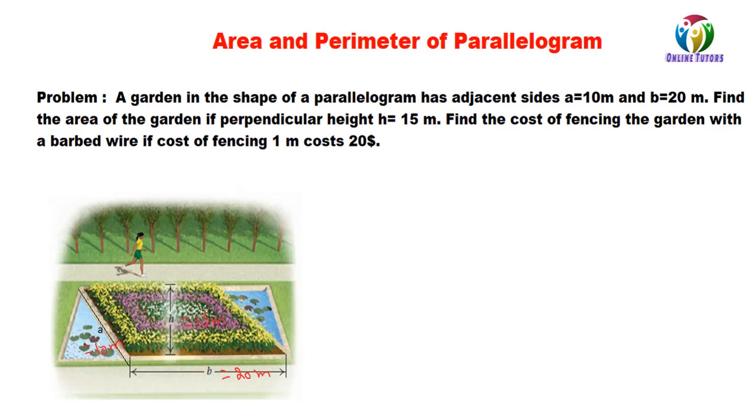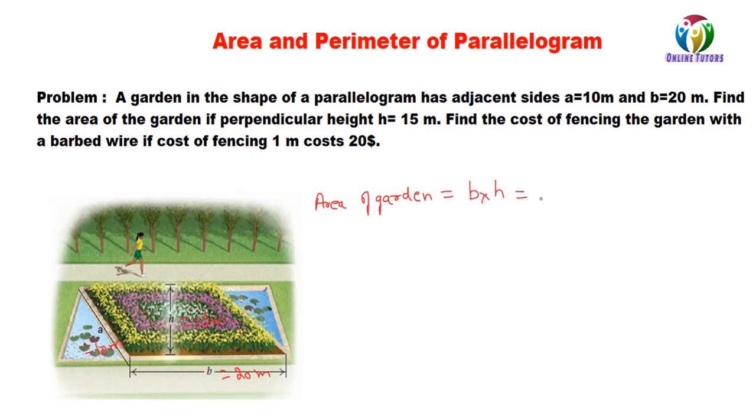We also need to find the cost of fencing the garden with barbed wire if fencing costs $20 for 1 meter. First of all, we calculate the area of the garden. The area of the garden will be equal to the area of the parallelogram, which is base into height.